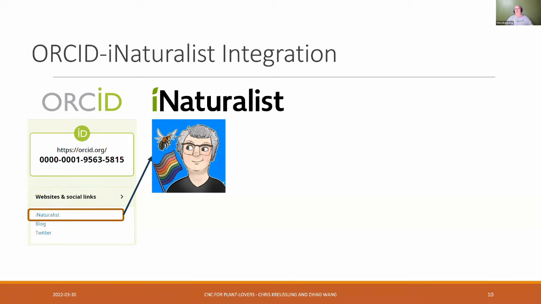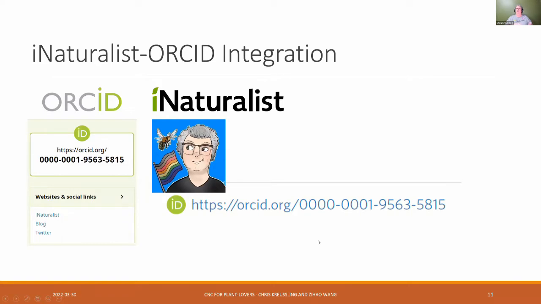So there's a section there for website and social links where ORCID users can put whatever information they want. One thing that's useful to do is to put a link to your iNaturalist profile. So that's something that's easy to do. It's just a way of surfacing that in ORCID. It doesn't affect any of the other integrations I'm going to be talking about.